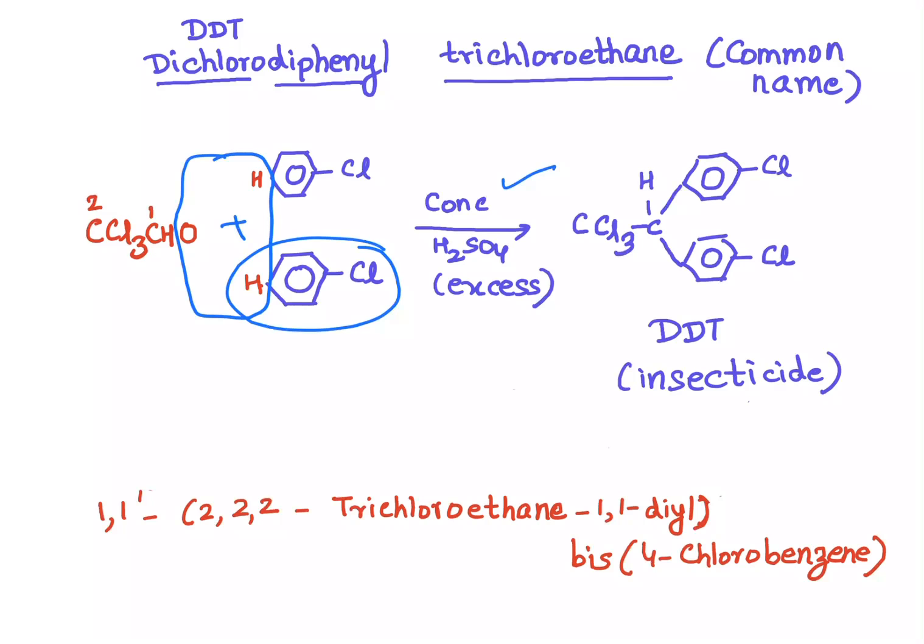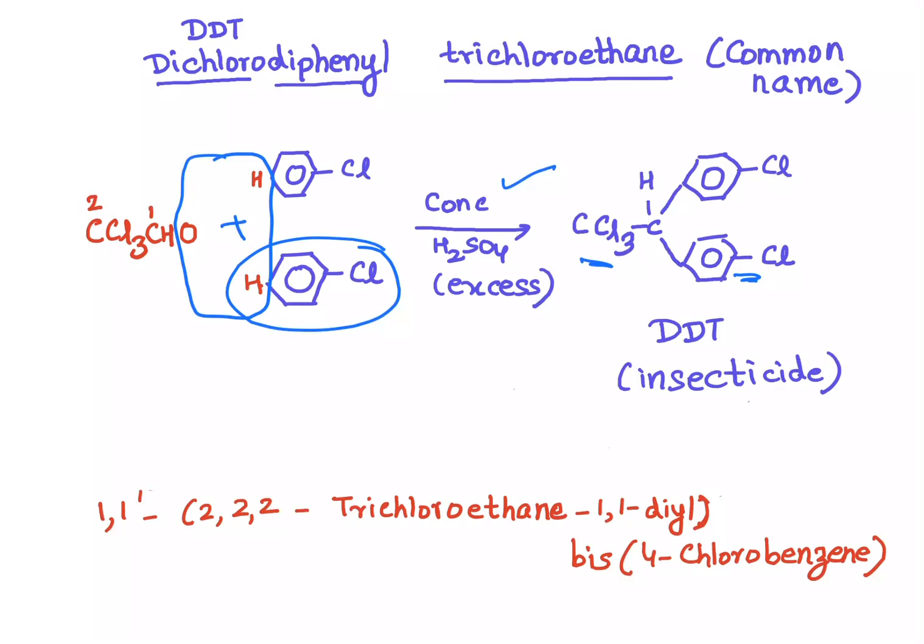Its earlier name was, in fact, of course this is the common name, something like 2,2-bis parachlorophenyl 1,1,1-trichloroethane.